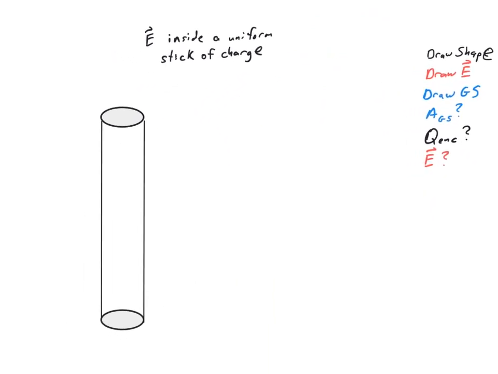Inside of that stick, the stick has a radius of capital R and a length of L. I'm just going to use the L on the Gaussian surface.